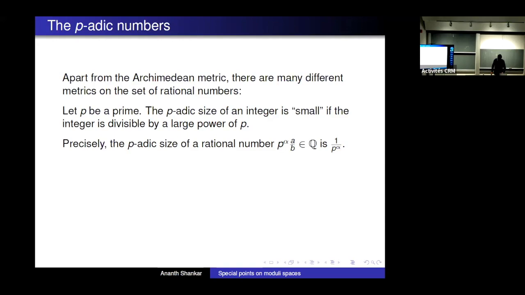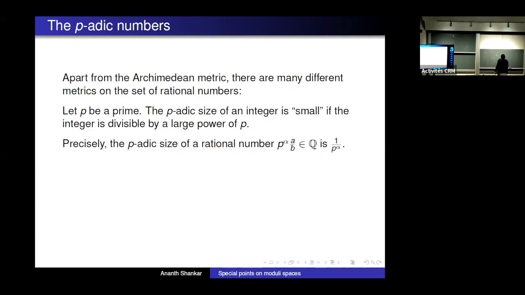You can make this precise by taking a rational number and writing it as some power of P, either positive or negative, multiplied by A over B, where neither A nor B is divisible by P. So your rational number is of the form P to the alpha multiplied by A over B, and P doesn't divide either A or B. Then this number alpha is uniquely defined.